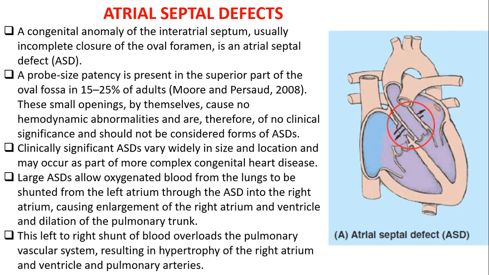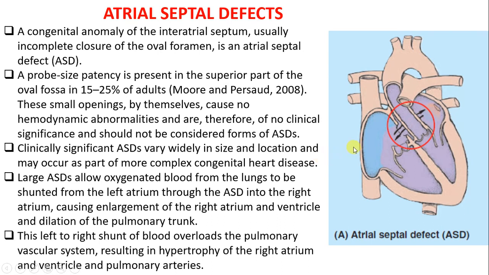So clinically significant ASDs vary widely in size and location and may occur as part of more complex congenital heart disease. It means that if it is only probe-like, so insignificant, only observation is done. But if it is a larger one and is associated with other congenital heart disease, other defects in the heart, like transposition of great vessels or defects in the ventricular septum, then you have to consider the atrial septal defect.